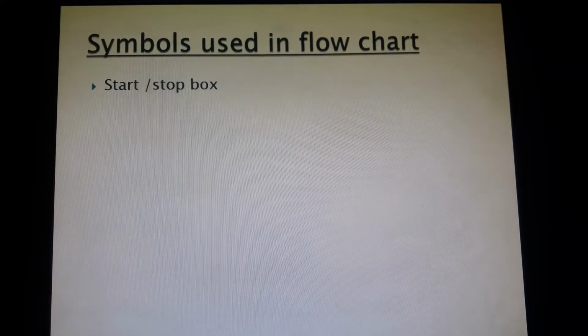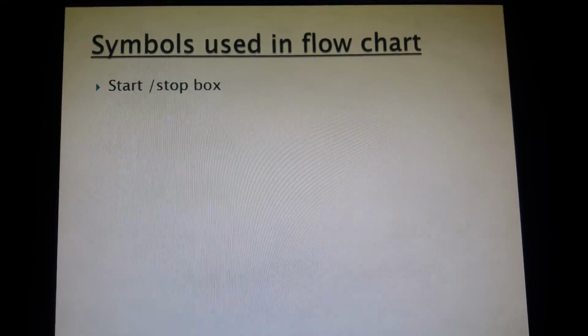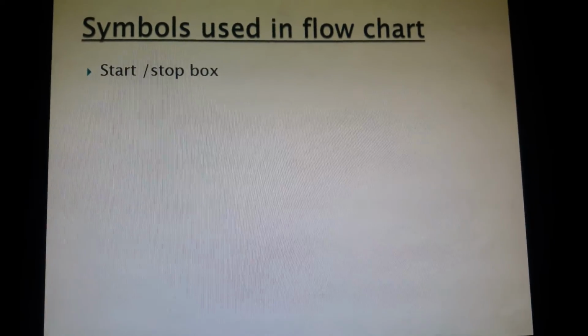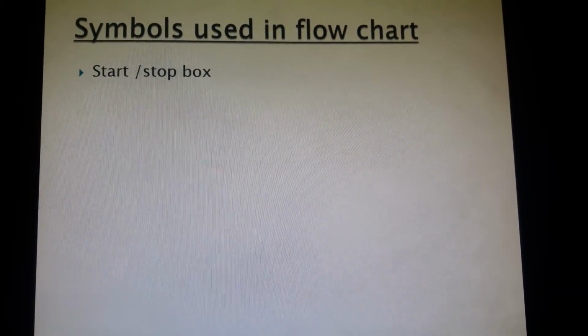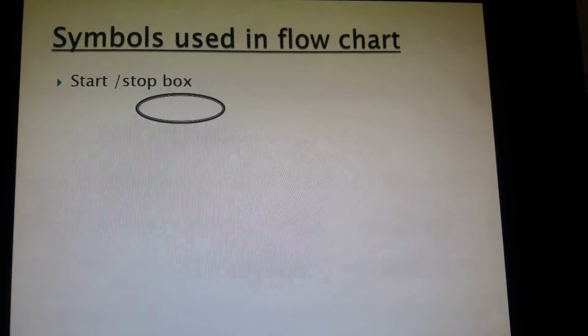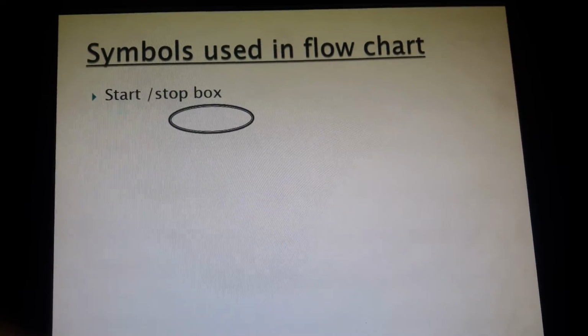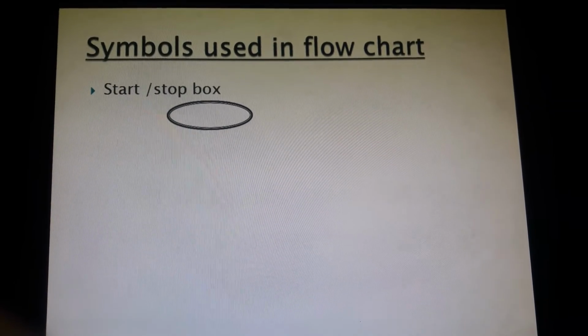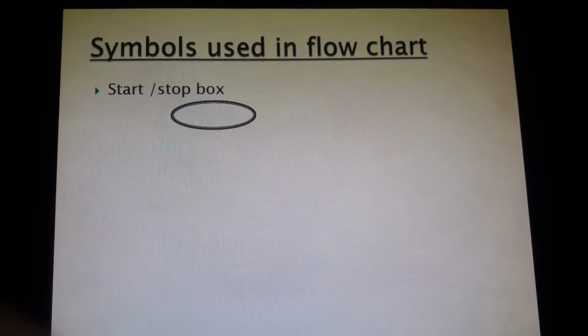Same with the flowchart, and same we do in the program. To start and stop, we use the start and stop box, that is an oval shaped box, in the beginning and at the end.